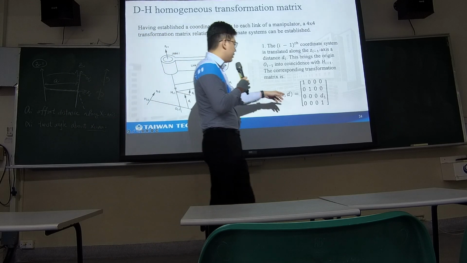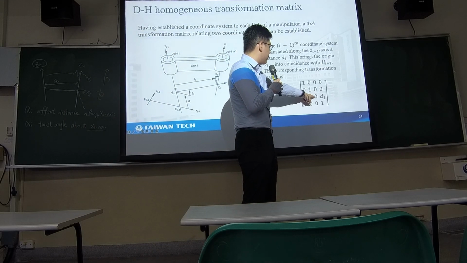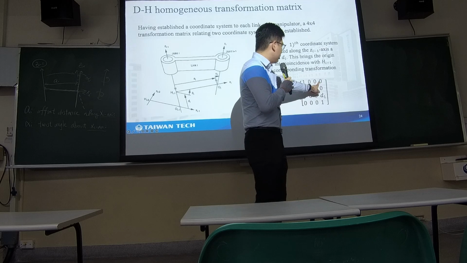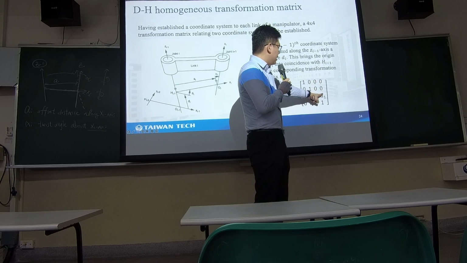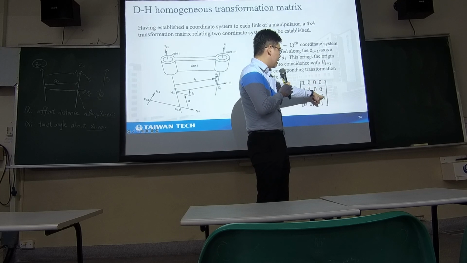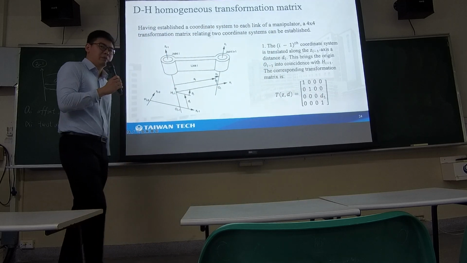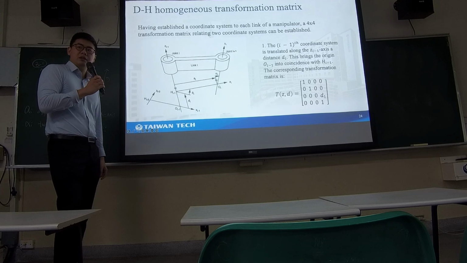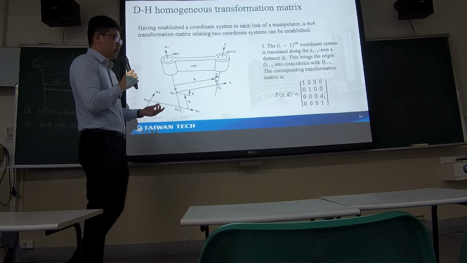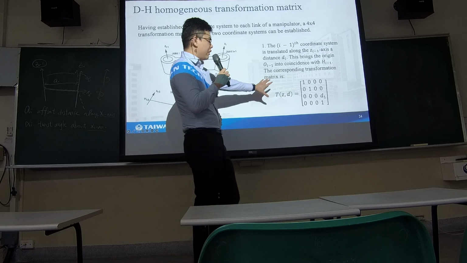So we can write it. Okay, I think I forgot one here, so I'll change it. So this is x, y, z, and we have d1 here for the homogeneous transformation matrix. Any problem with that? I think most of you are already familiar with this.